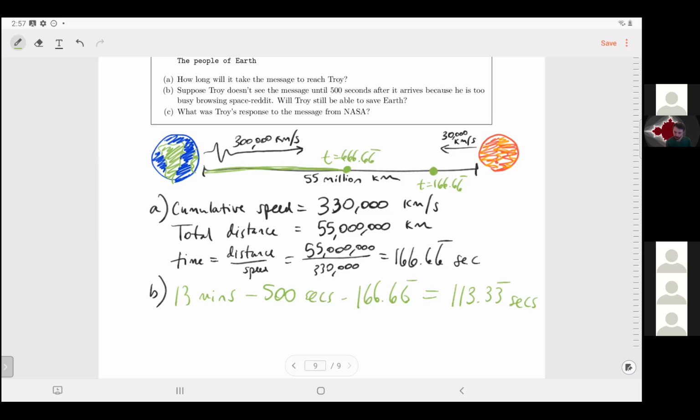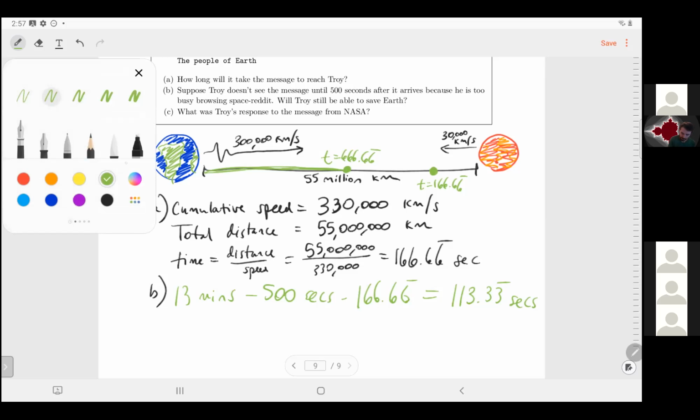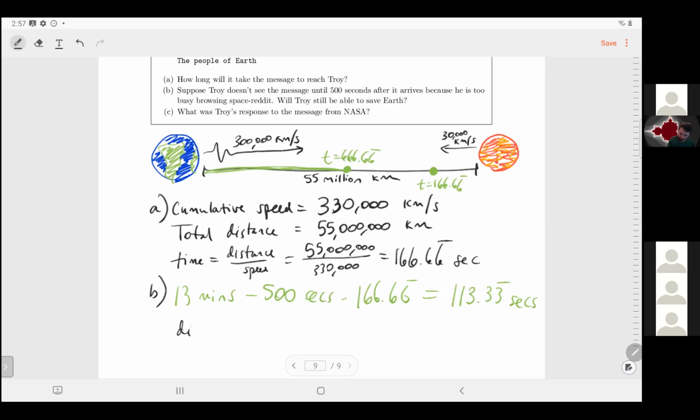Okay, so to do that, I would think to myself, distance is speed times time. I switched to green by accident. So we'll get this distance, like how far from Mars I am right now. I know by that point, 666 seconds have passed, and I was traveling at 30,000 kilometers per second.